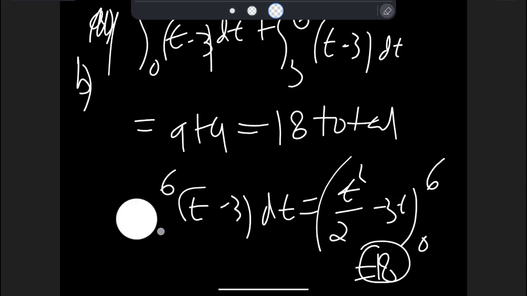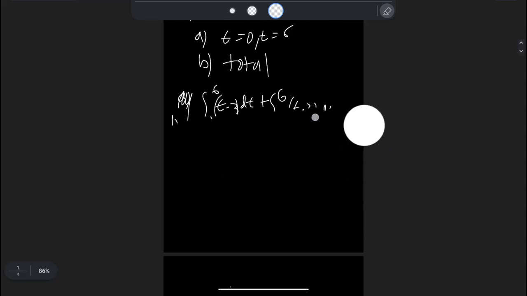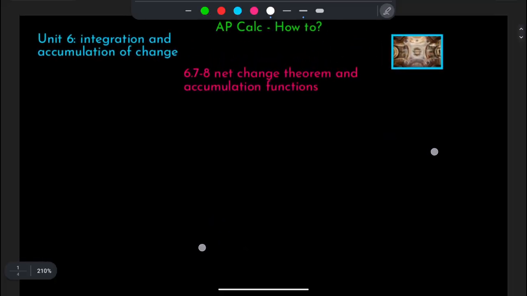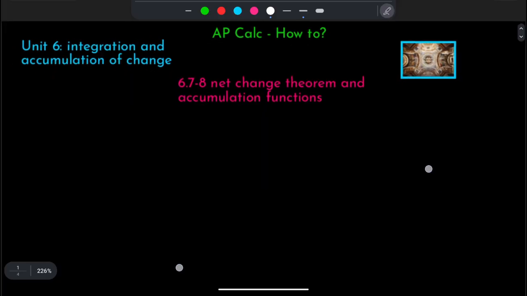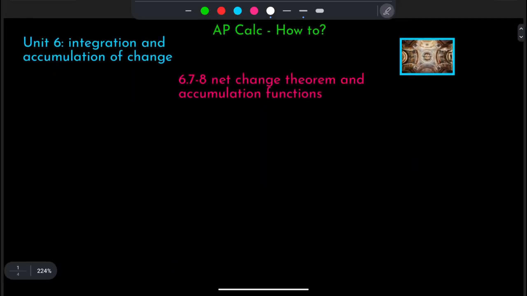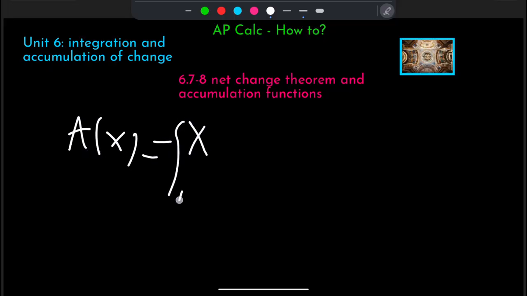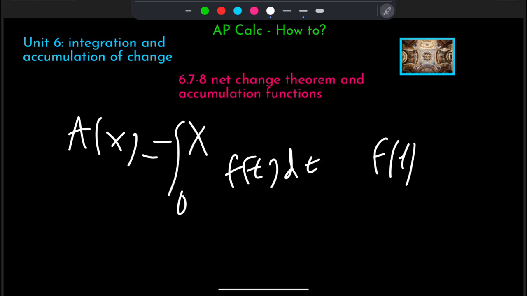Now let's go over our third example. For our third example today, if A of x equals the integral from x0 to x of f of t dt, and if you have a graph of f of t, what does the graph of A of x look like?